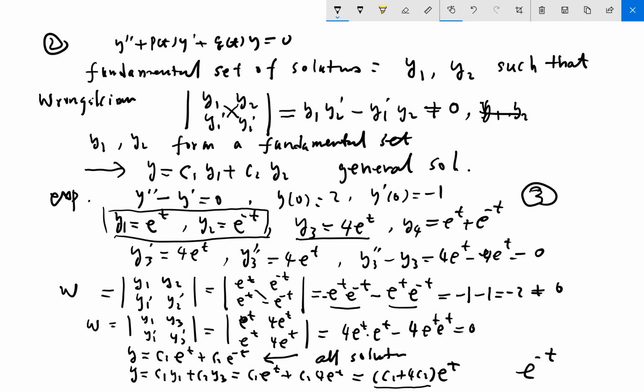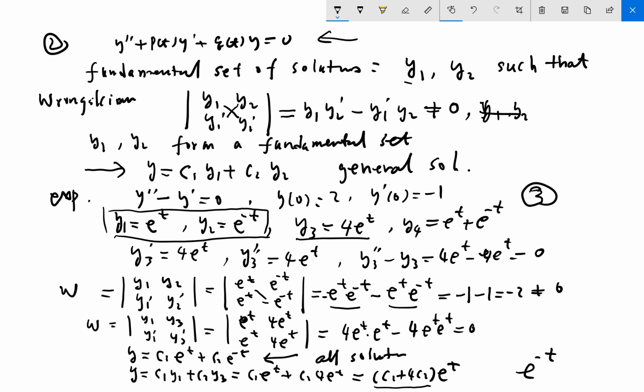Now let me summarize what we learned. For second order linear equations, we know the solution exists in an interval on which P, Q, and G are continuous, and this interval also contains the initial point t0. If a solution exists, how do we find it?